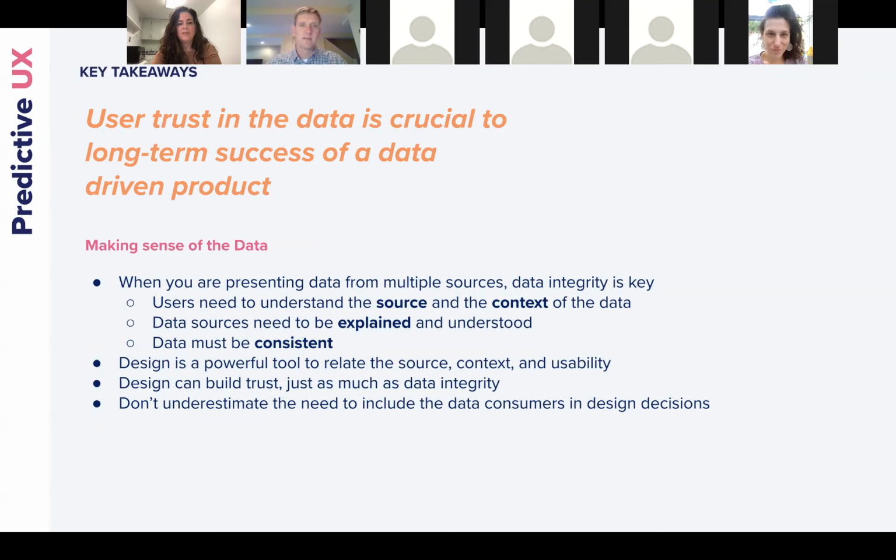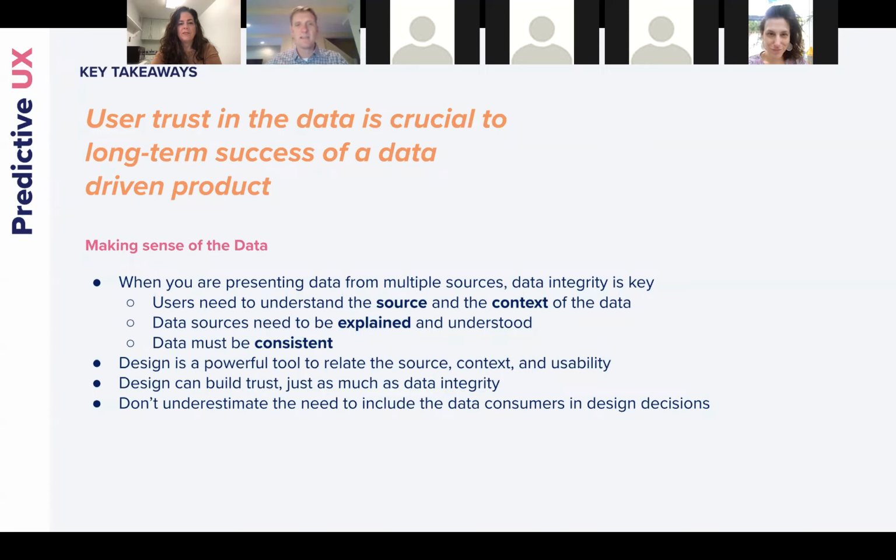There needs to be a way within the application to understand what the source of this data is, what it is, and how it's explained. And also the data's got to be consistent. In a knowledge graph presentation of data, you're probably going to have data that's represented in different areas within the application. It has to be consistent. And then it has to be consistent within the source system as well. So there's a whole series of data integrity concerns.